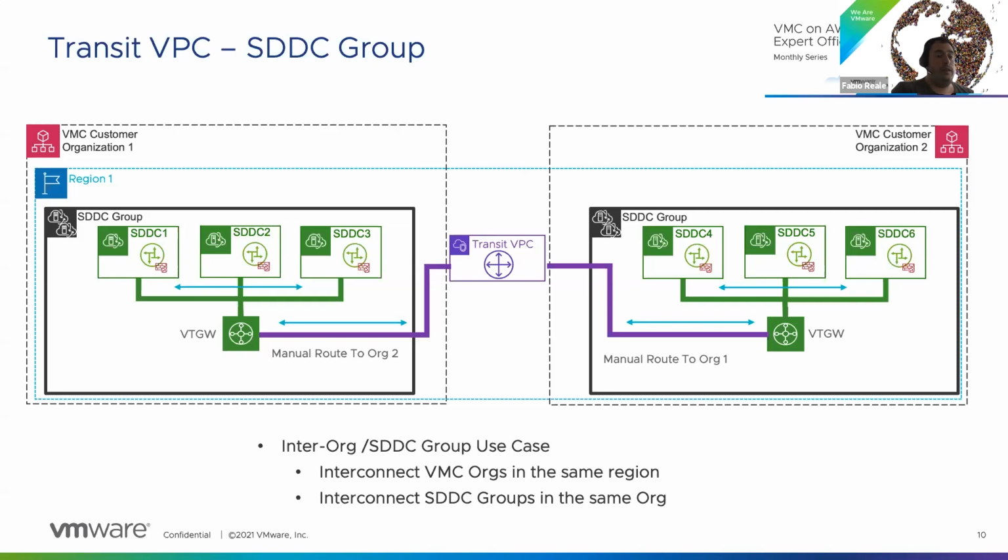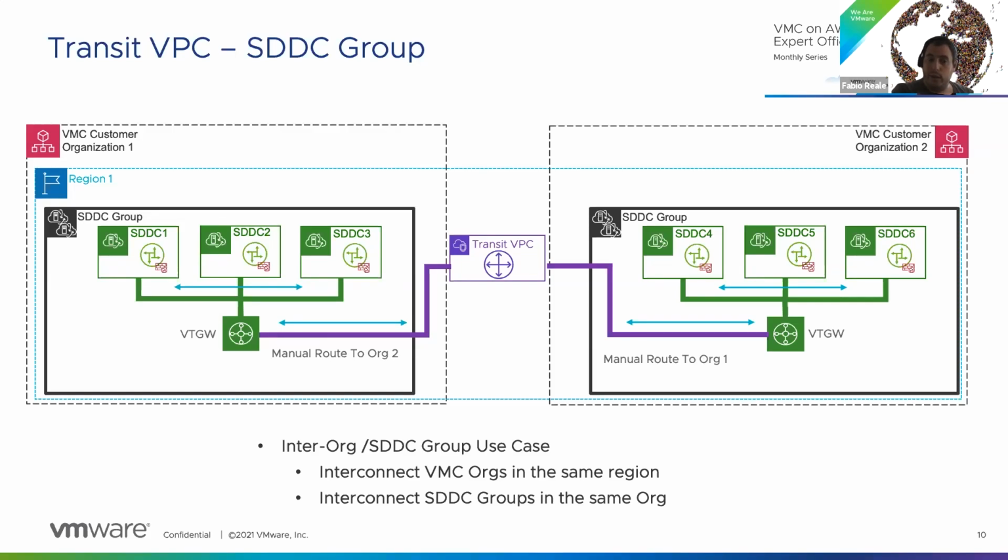The only constraint is that all the SDDCs must be in the same region. That is the biggest constraint. So it's not possible to interconnect SDDCs from different regions, but you will be able to interconnect SDDCs from different orgs that are deployed in the same region. That will help a lot with communication and will improve the scalability of the systems.